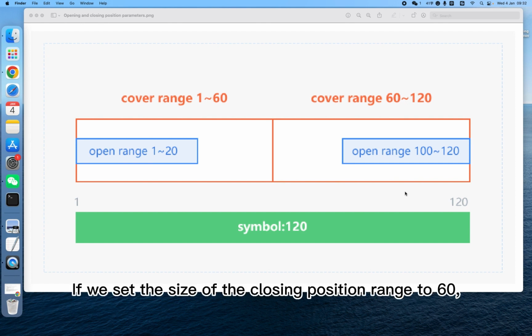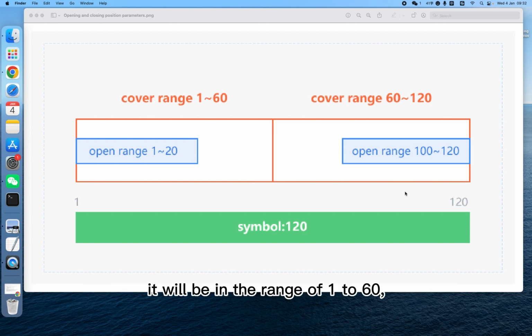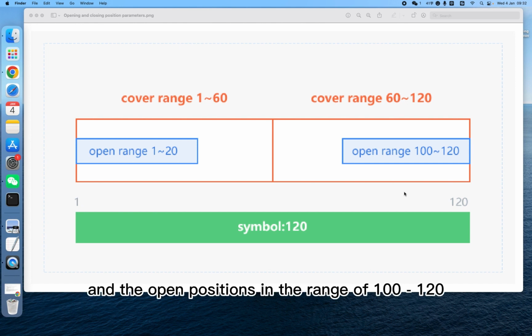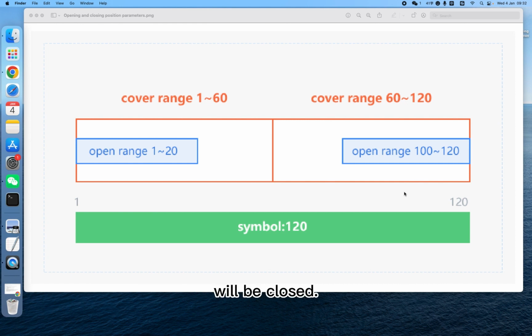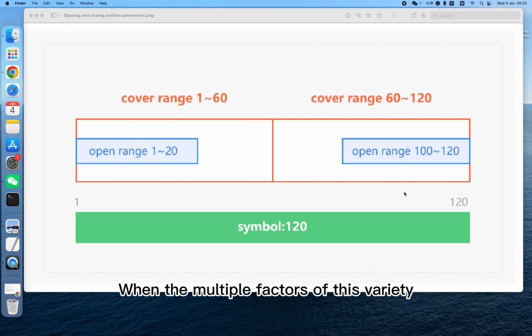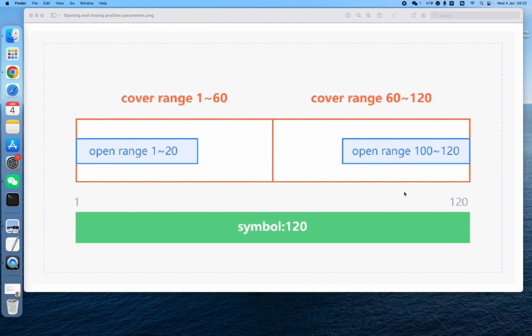If we set the size of the closing position range to 60, then the open positions in the range of 1 to 60 and the range of 100 to 120 will be closed. When the multiple factors of this variety enter the ranking of 1 to 60, it will be closed. The latter one is the opposite.